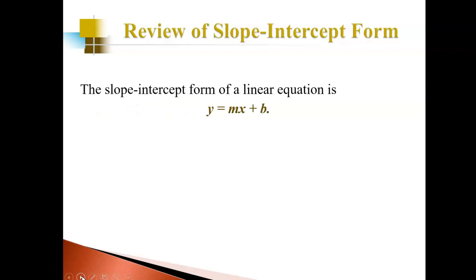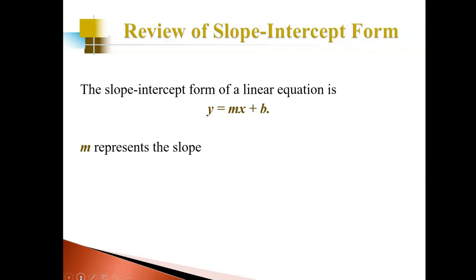So slope-intercept form of a line is y equals mx plus b. So if I ask you for the slope-intercept form, your answer needs to be in y equals mx plus b form. Recall that the m represents the slope. There are times where I ask for slope and people try to write the x value with it.